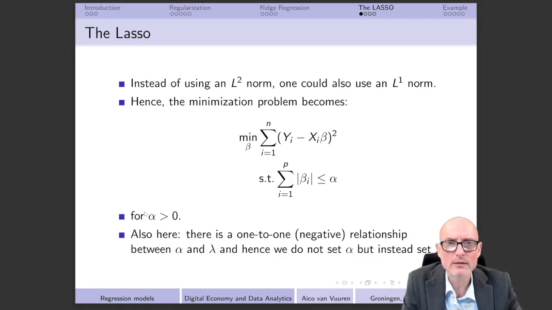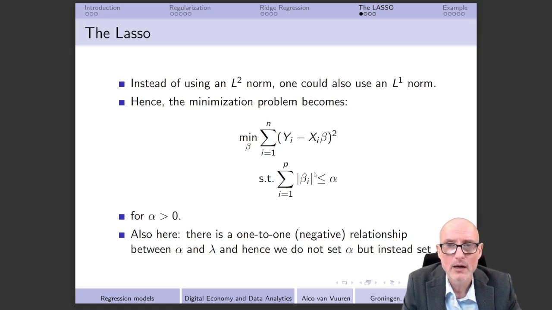Many things that we have already discussed with respect to ridge regression also hold true in the case of lasso. That implies that also here there is a one-to-one negative relationship between the alpha that we have here and a lambda when we solve this restricted minimization problem.